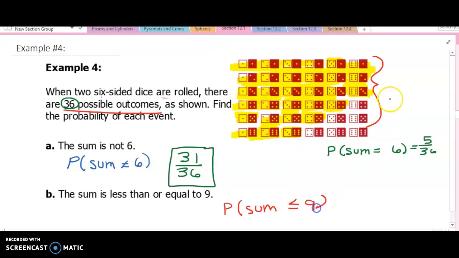If I just count 1, 2, 3, 4, 5, 6, 12, 18, 19, 20, 21, 22, 23, 24, 25, 26, 27, 28, 29, 30, that would be 30 out of 36, which is what, 5/6?